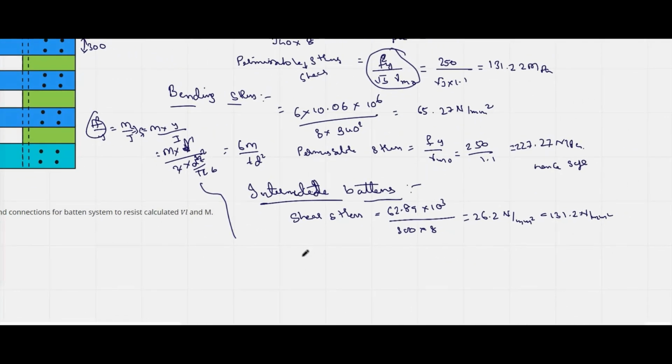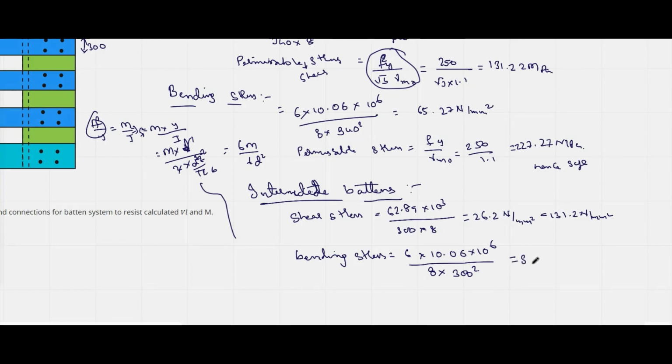Now let us check this under bending stress, which is equal to the same formula we derived here: 6 into M, 10.06 into 10 to the power of 6 divided by 8 into depth 300 square.